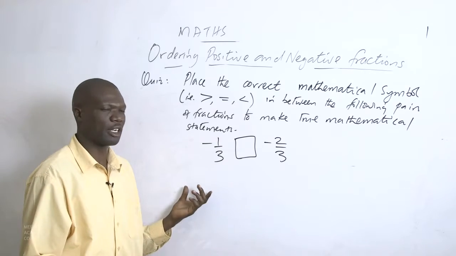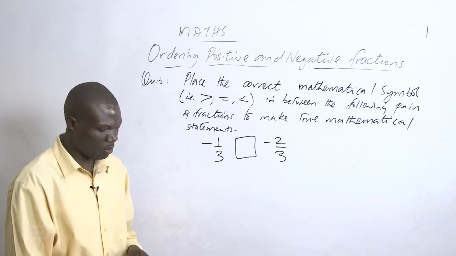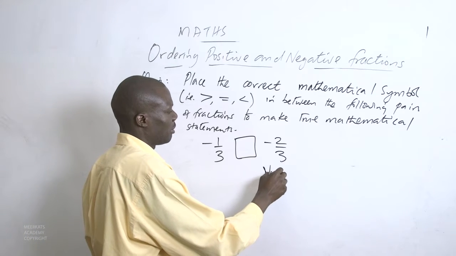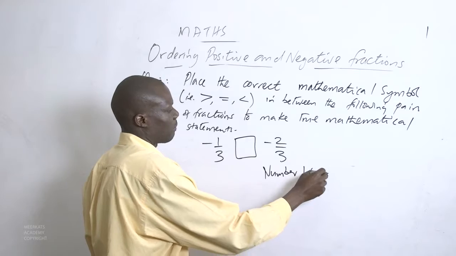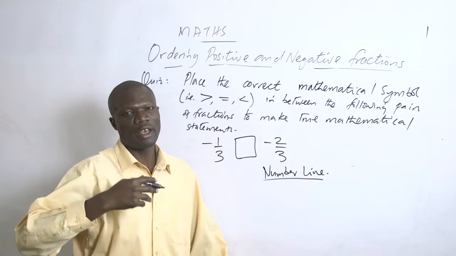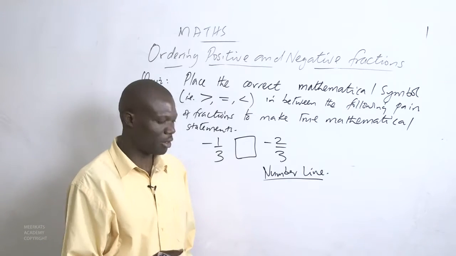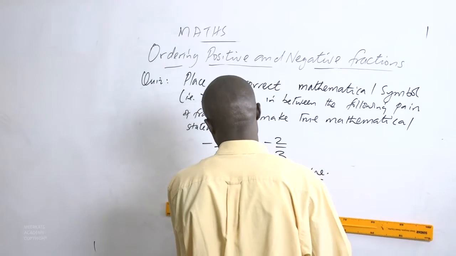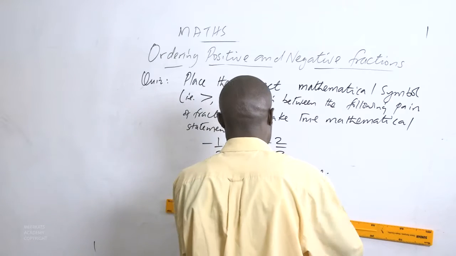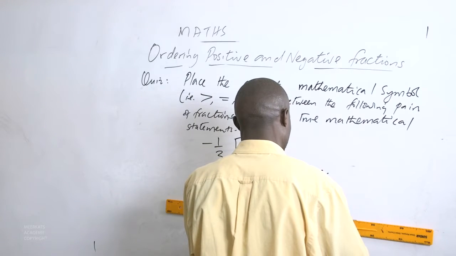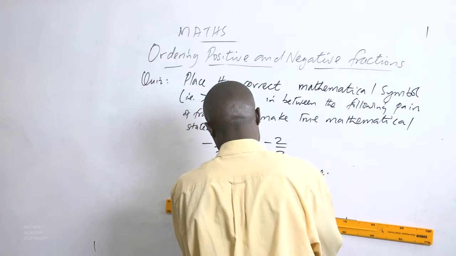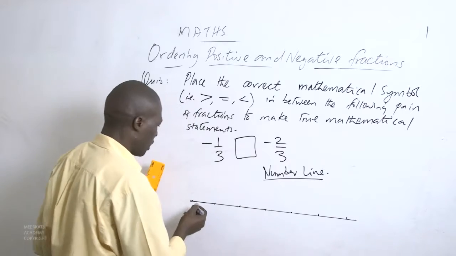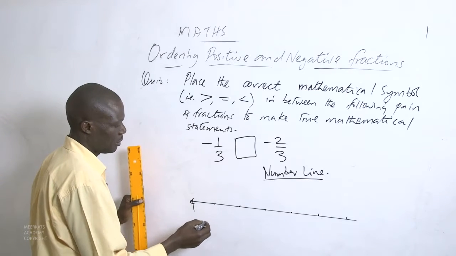For this case, there are two ways you can get this. First, from the number line again. So we shall use the number line, and from the number line, a number on the extreme right is larger than a number on the extreme left. One unit is divided into 3. So we have our number line here.